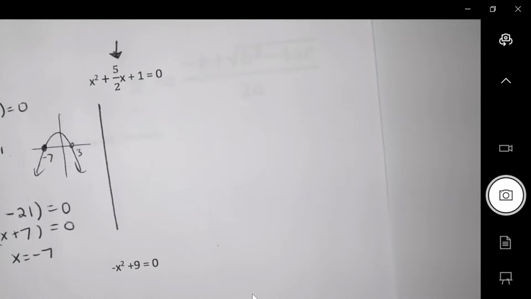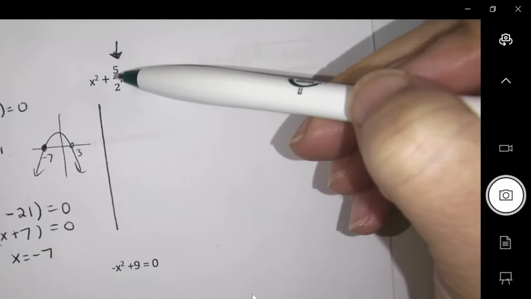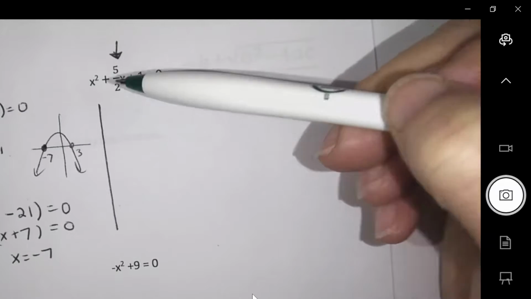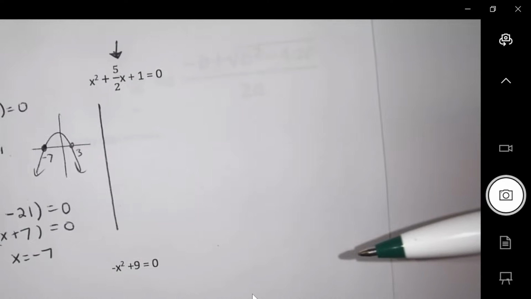Well, changing it to a decimal would be 2.5, which doesn't really help me. How do I get rid of this problem where I don't like it has a divide by 2? How do you get rid of that problem?